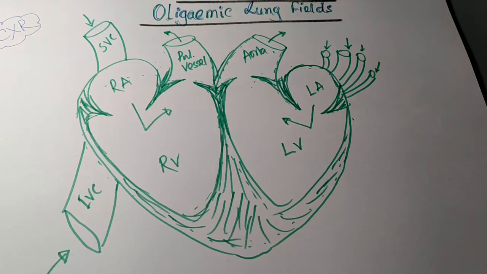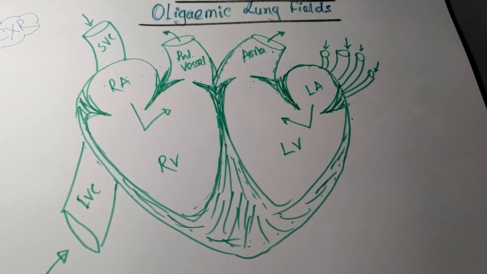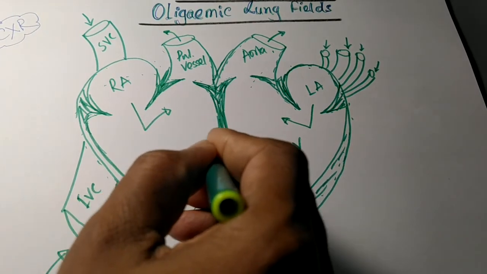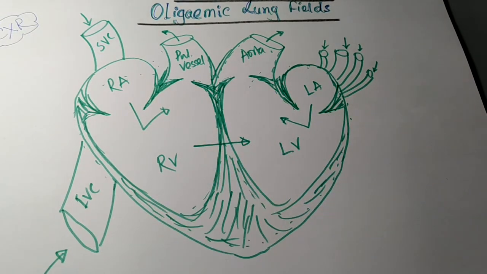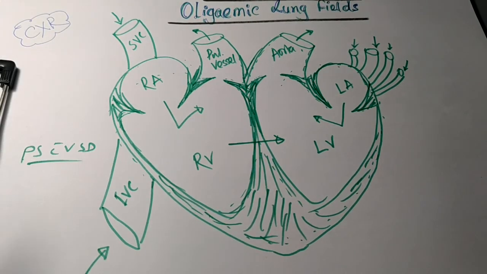Next point, tetralogy of Fallot. As we know, tetralogy means pulmonary stenosis, VSD, right ventricular hypertrophy, and overriding of the aorta. There is pulmonary stenosis, so blood cannot pass through the stenosed pulmonary valve. Rather the blood passes from the right ventricle to the left ventricle. There may be pulmonary stenosis with VSD.